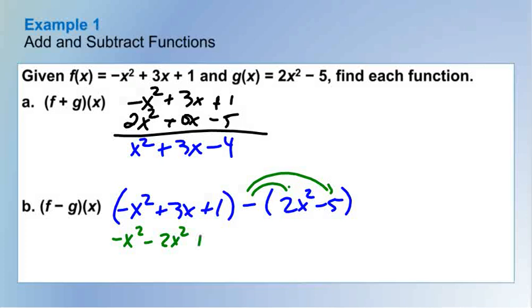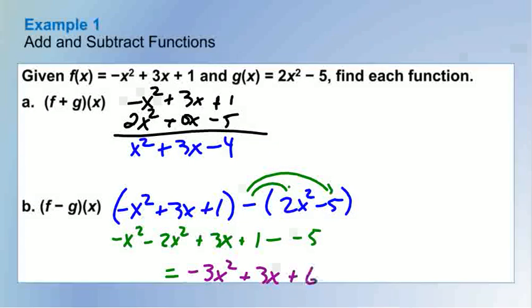Then we have plus 3x. We don't have any other x's in the second one. And then it's going to be a plus 1 minus a negative 5. So when we combine like terms here, we're going to have a negative 3x squared plus 3x plus 6.